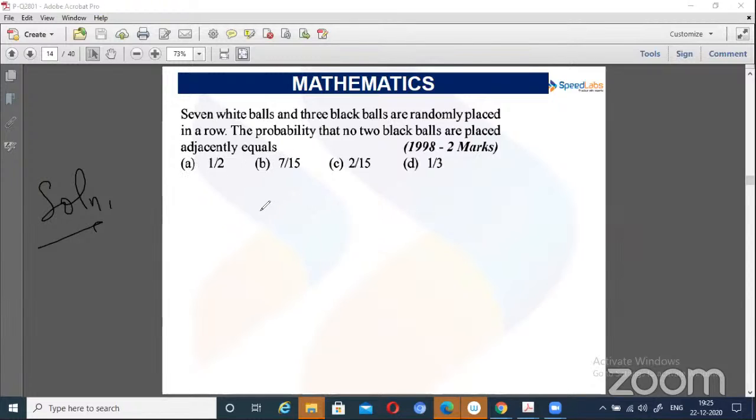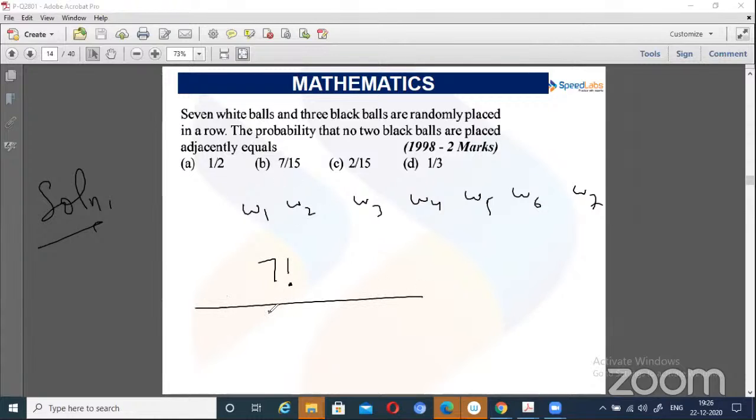We'll first place the white balls. Yes, we'll first place the 7 white balls. 7 factorial. The denominator will have all the balls arranging in random fashion, so factorial 10. 7 plus 3, 10. We'll arrange all the white balls and then we'll look for places to keep the black balls. So we have 1, 2, 3, 4, 5, 6, 7, 8 places to keep 3 black balls. We'll choose 3 places out of these 8 places and arrange them.